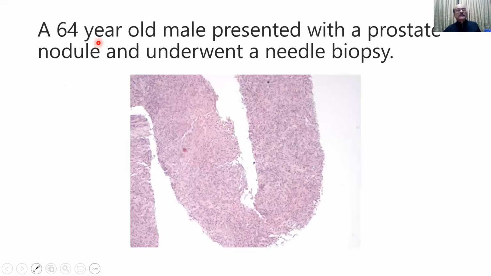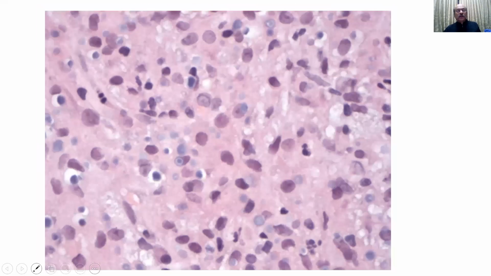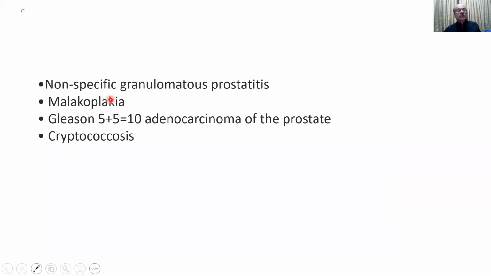This is another case, a 64-year-old male presented with a prostate needle biopsy. Here are something, these are... so the choices are non-specific granulomatous prostatitis, malakoplakia, Gleason 5+5 adenocarcinoma of the prostate, and cryptococcosis.